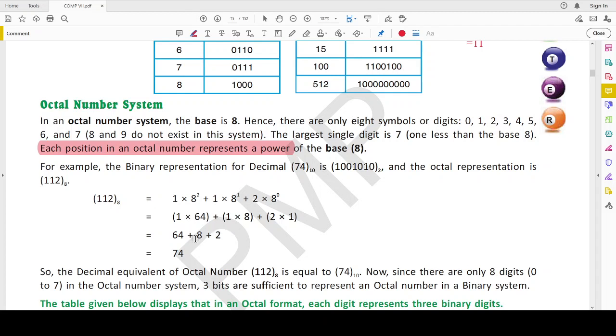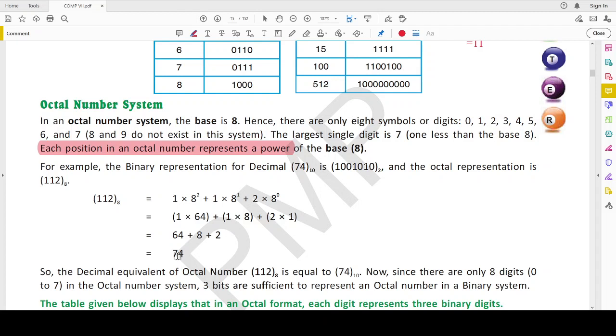Like that, you can calculate the value of the octal number and get its value in decimal. That is how you convert an octal number to a decimal number. Okay.